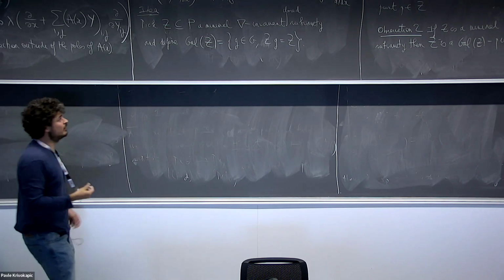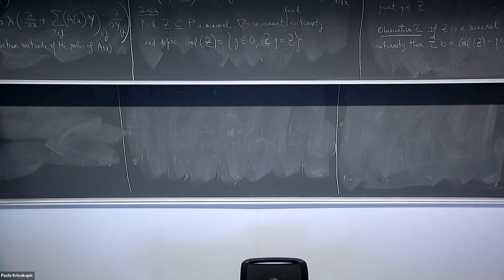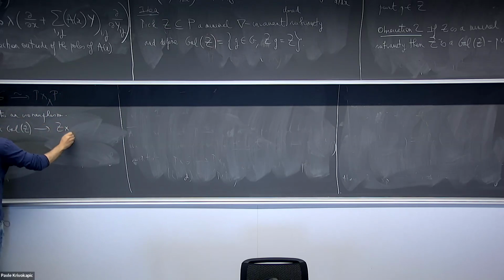So you have this isomorphism between P times G and P times XP. You want to see that it restricts to an isomorphism from Z times Gal Z to Z times XZ.